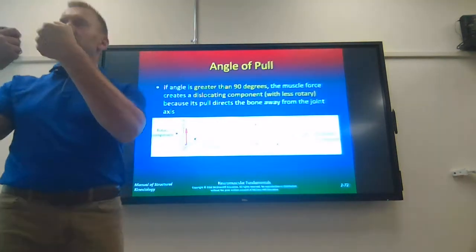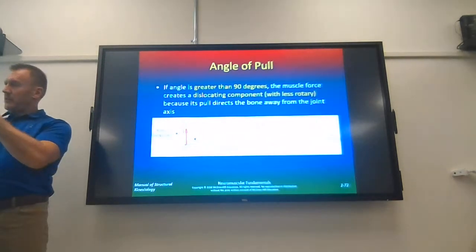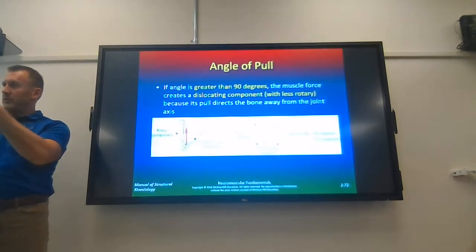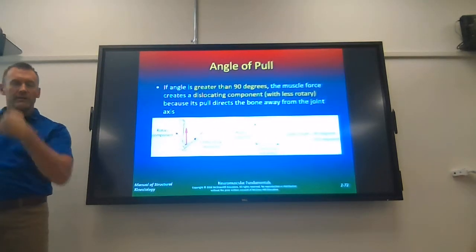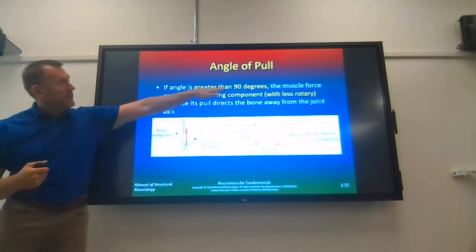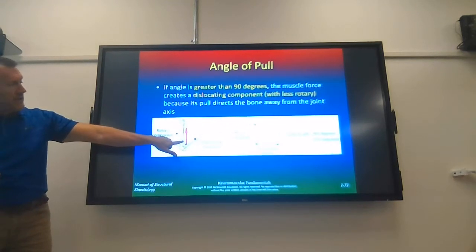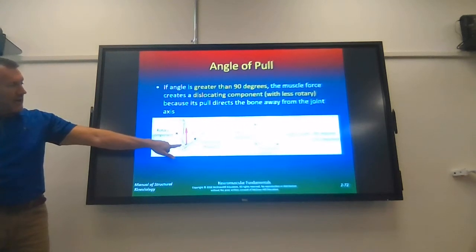It doesn't actually do that because the congruence of the elbow joint makes it really hard to dislocate. So what we've got is an angle greater than 90 degrees. Okay, so here's the bicep tendon. We're talking about this angle right inside here. This side is greater than 90 degrees.